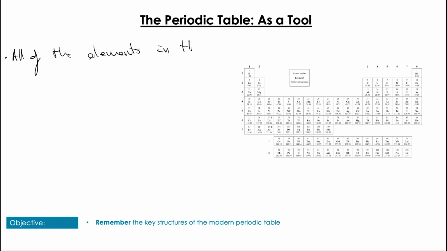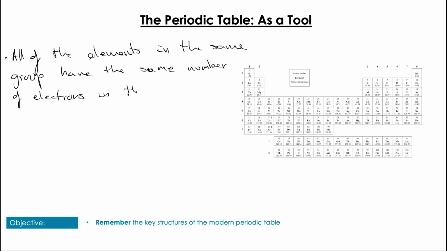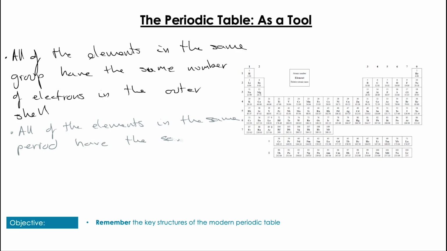And the important components here are the electron configurations. We know that all elements in the same group have the same number of electrons in the outer shell, in their valence shell. And we know that all of the elements that are in the same period have the same number of electron shells, or the same principal quantum number.